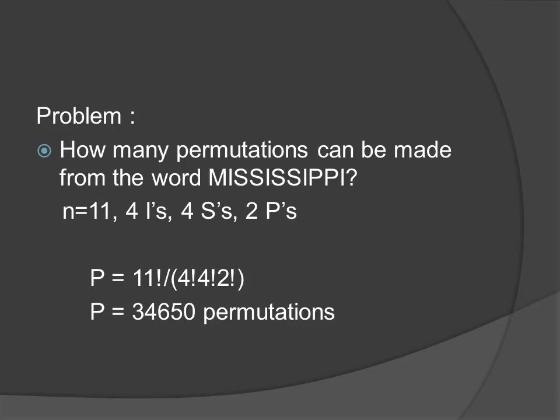The solution is P equals 11 factorial, the number of letters, divided by the product of 4 factorial times 4 factorial times 2 factorial. The answer is 34,650 permutations.